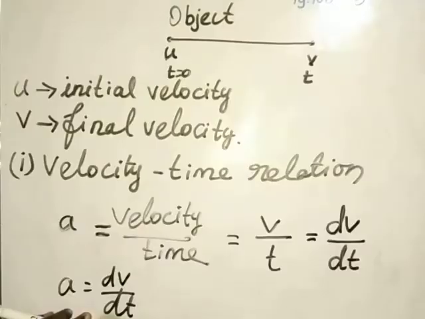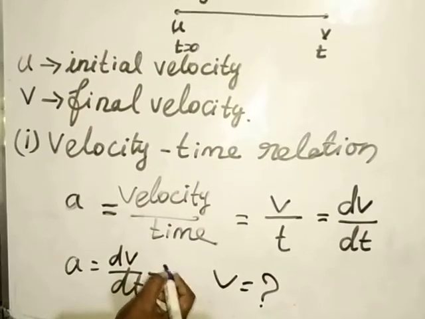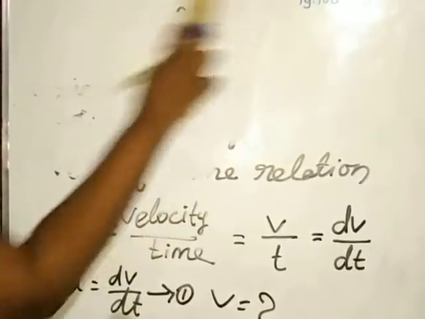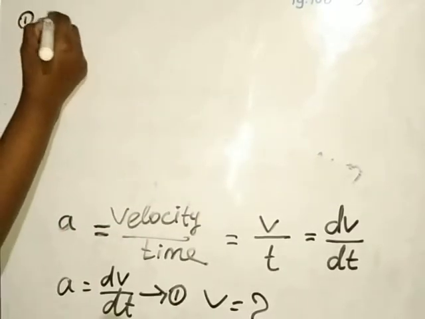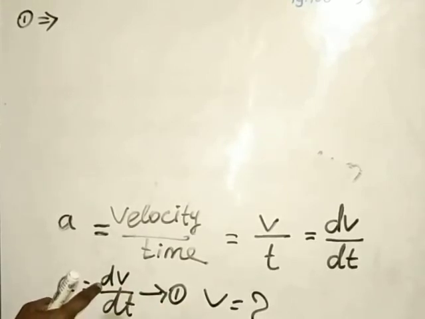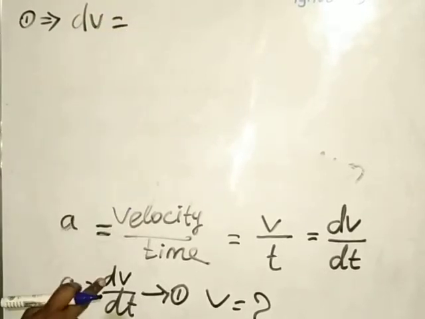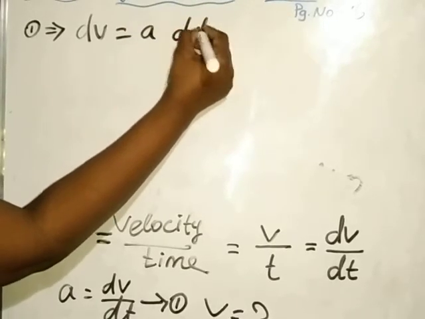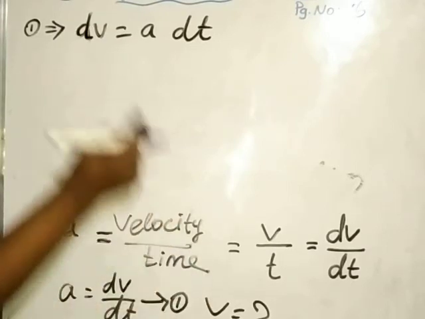Say this is equation number 1. From equation number 1, we are going to find out the value of v. So take the formula as dv equal to a into dt. How can we find out the value of v from dv?